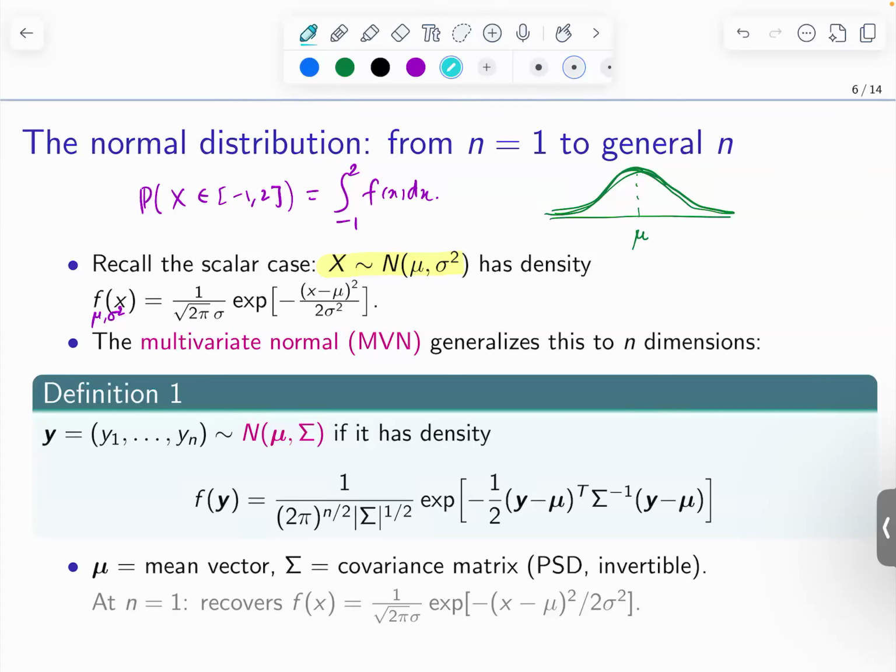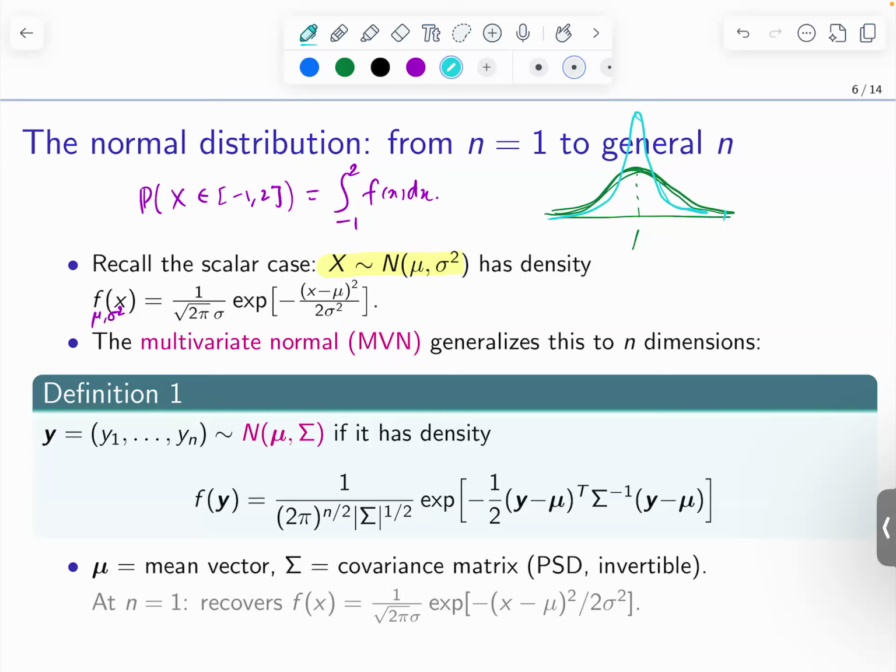Compared to this one, for example, this guy has a smaller variance. Bell curve doesn't quite do it justice because it doesn't tell you about the tails. The tails go down very fast, with a negative quadratic in the exponent. So events that are far out are very unlikely, and things are more concentrated.